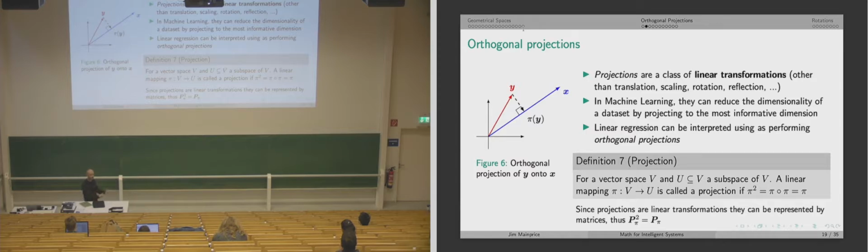You're just applying the projection once. As long as you can apply that operator as many times as you want and you don't change the point, it's a fixed point, then that operator is called a projection. So of course it is the case here. If I project onto the line and then reproject onto the line, I will arrive at the same point. That's the idea.